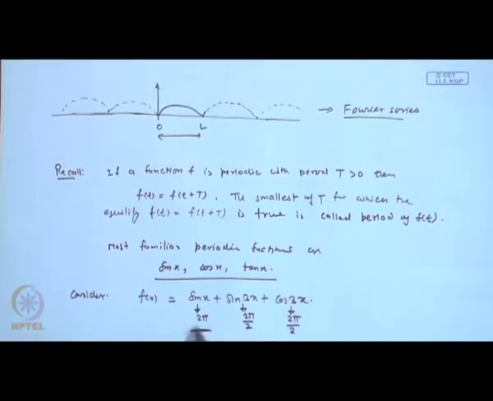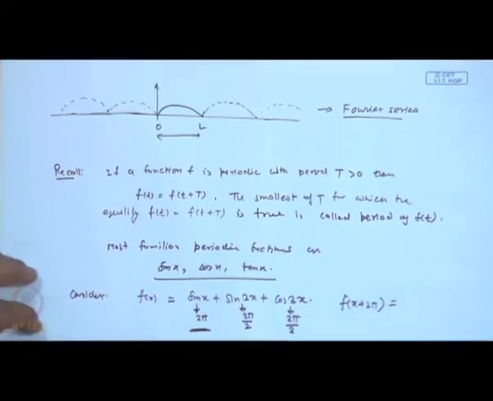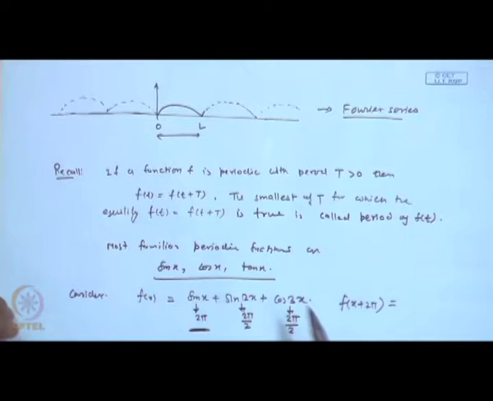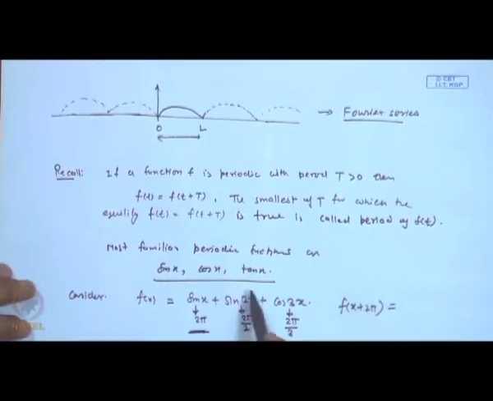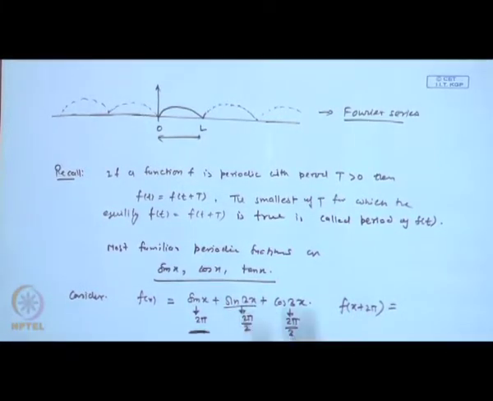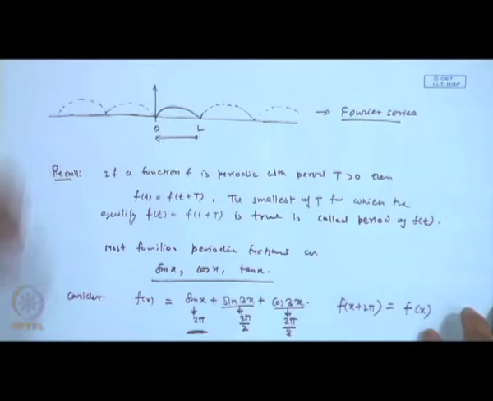So, the common period of this function is 2 pi, and basically f(x plus 2 pi) will be again sin x, and sin 2(x plus 2 pi) will be again sin 2x, because 2 pi is also a period for this sin 2x function, and the same for cos 3x. The value will repeat after 2 pi. So, the common period for all these three functions is 2 pi, and that is the period of this function f(x). So, f(x) is periodic and it has the period 2 pi.